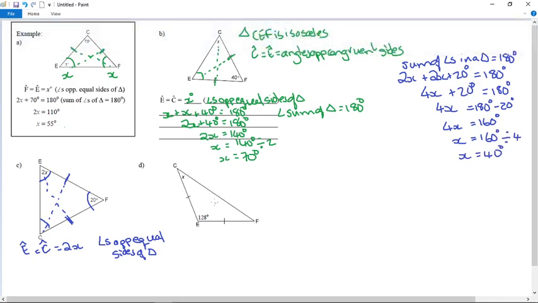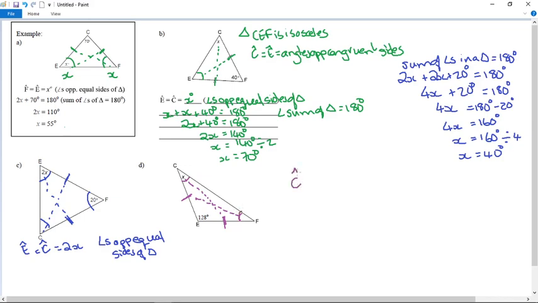Okay, now let's look at this last triangle. This is also an isosceles triangle because side CE is equal to side CF. But I see that this is an obtuse angled isosceles triangle. But the same rule applies. The angles opposite the congruent sides are equal. So if that angle is x, this angle F must also be x.